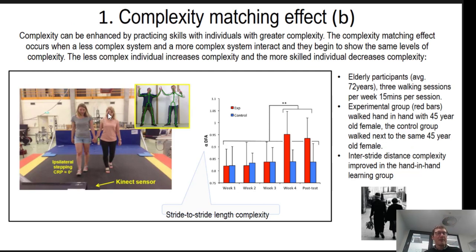And I want to give an example of an experiment involving elderly individuals and get across this idea that we can help improve someone's complexity in order to benefit their health, using some of the principles from dynamical systems theory.